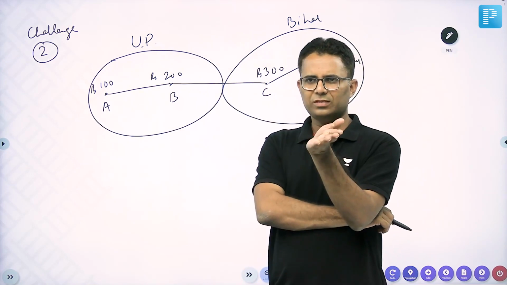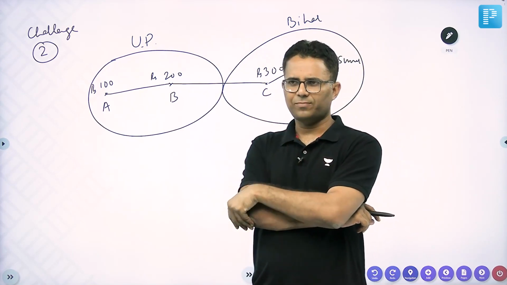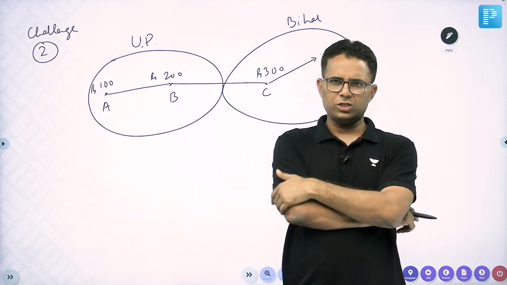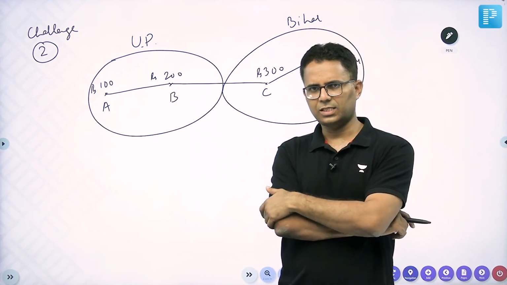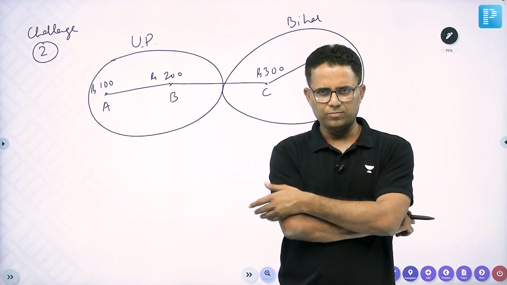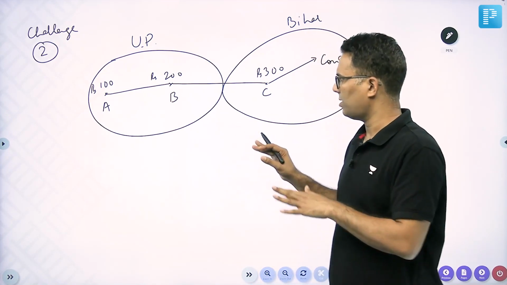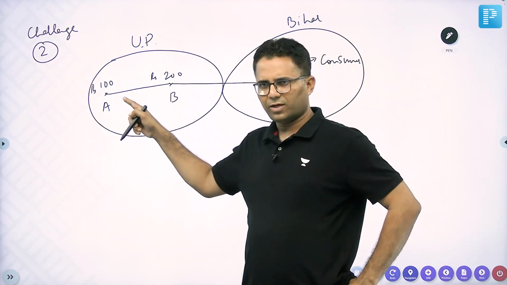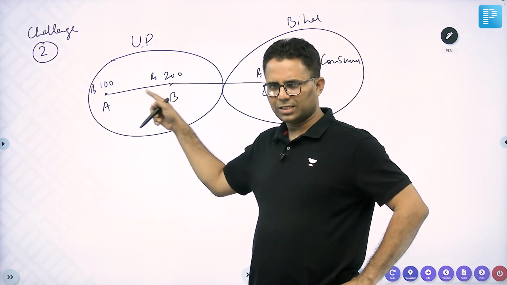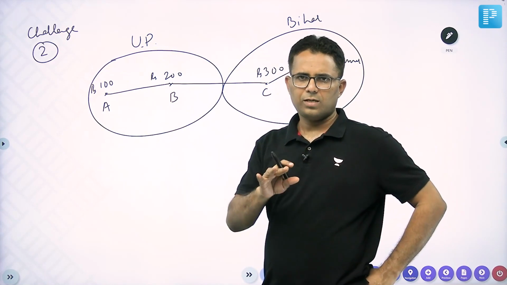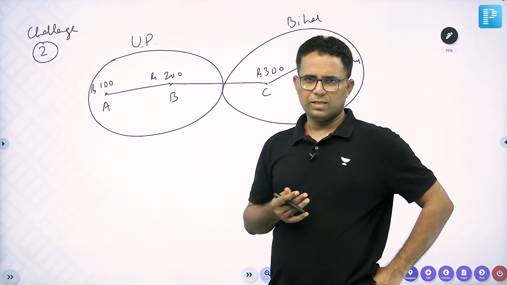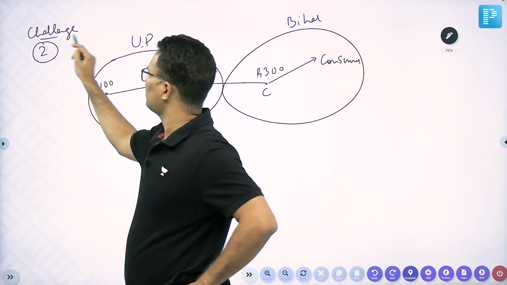Now, of course, when some manufacturing is happening and sale is happening, then the center imposes its own tax and the states impose their own tax, and a cascading effect gets created, that I explained in the previous example. Here in this example, if A does manufacturing and sells to B, again excise will be imposed by the center and the state will impose VAT. But what I am trying to explain is the second challenge.